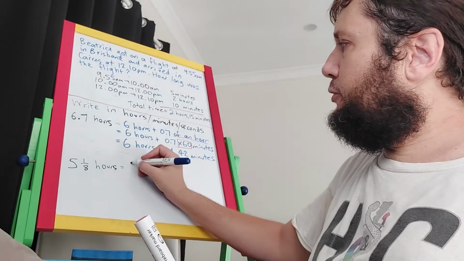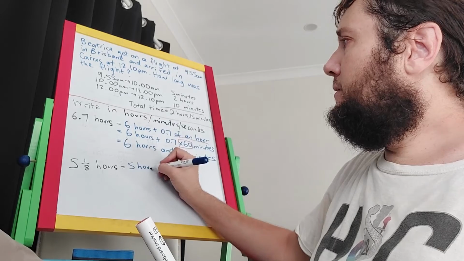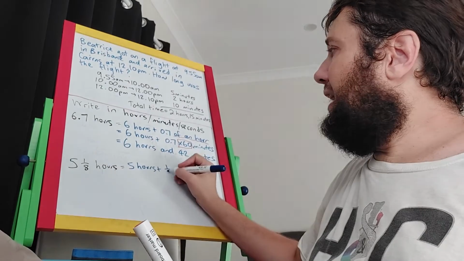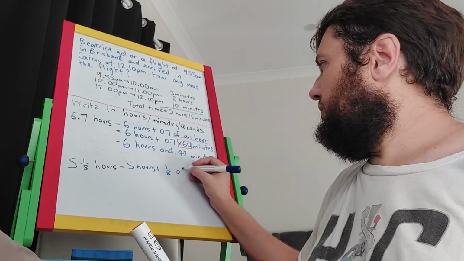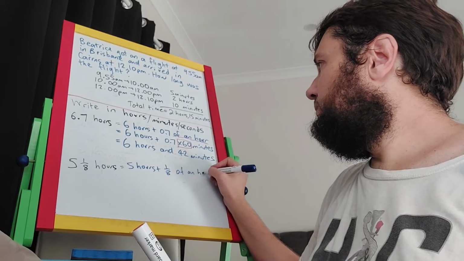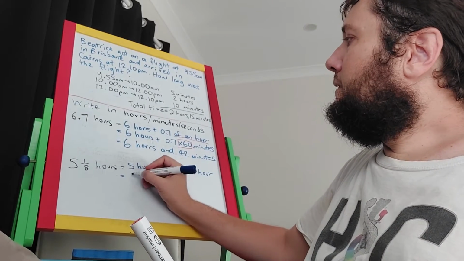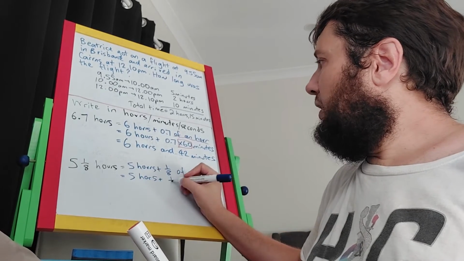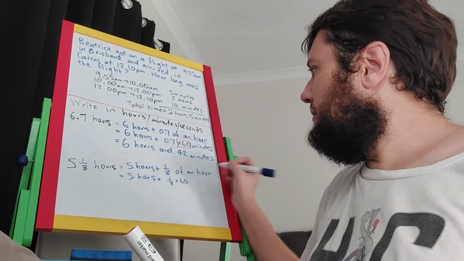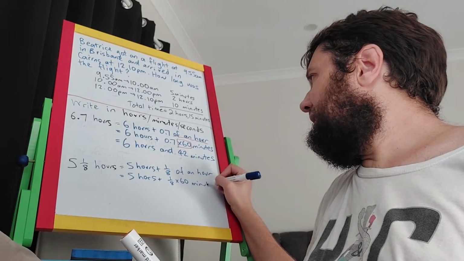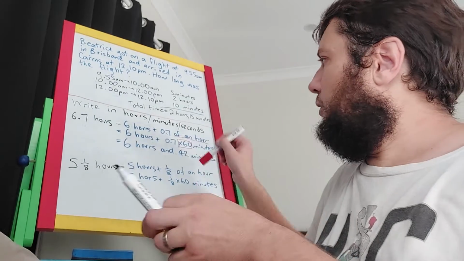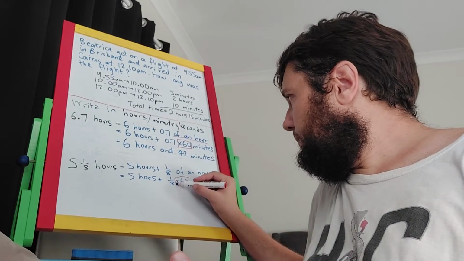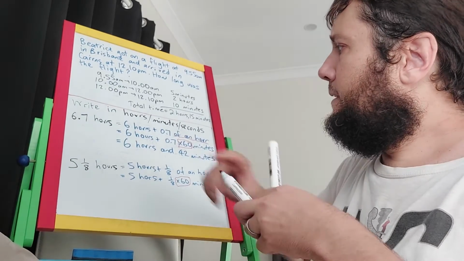All right, second part here, 5 1/8 hour. We'll start with the same trick. It's 5 hours plus 1/8 of an hour this time. So that's 5 hours plus 1/8 times 60 minutes. Again, I converted that of an hour to be times 60.